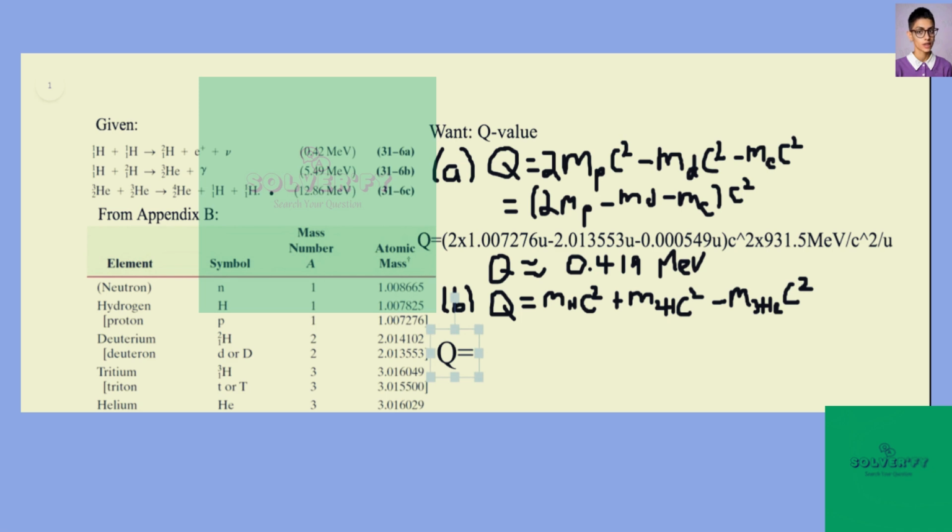But since electrons in this equation are balanced, that is, the nuclei on the left side of the arrow are each associated with an electron, so if we're including electrons, we have 2 electrons on this side, and the nuclei over here is also associated with 2 electrons. So we can add 2 electrons to both sides of the equation, and they cancel out. So that's why we're considering the mass of hydrogen here and not just the mass of the proton. Similarly for deuterium instead of just deuteron.